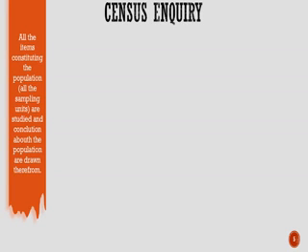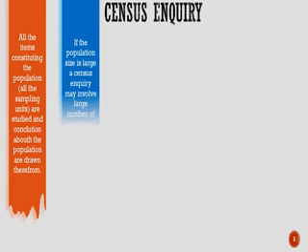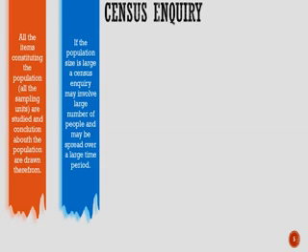In a census inquiry, we take decisions about the different parameters of the population based on the study that we perform. For example, we may be interested to know the number of children in each family for a particular geographical area.